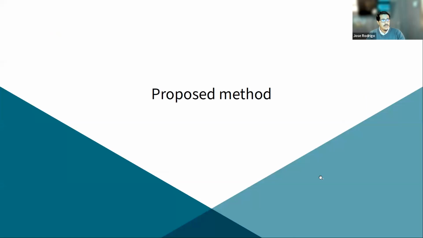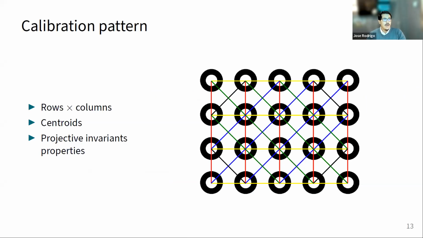Okay, let's talk a little about our proposed method. First, we need to talk about the calibration pattern that we proposed. We proposed a calibration pattern of concentric ellipses with 5 by 4 rows by columns for some reasons. First of all, we decided to use concentric ellipses because the centroids are more exact.